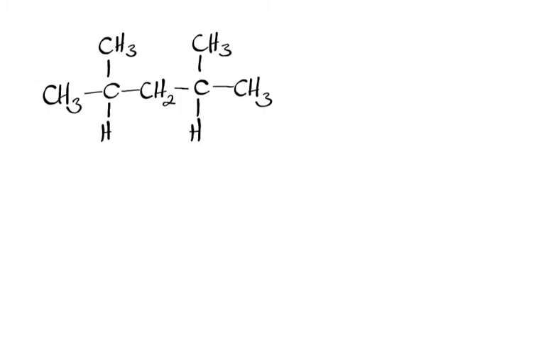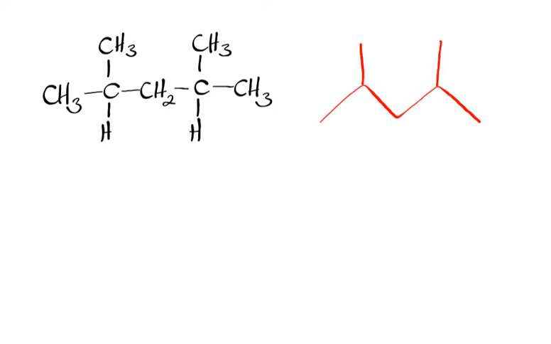In the next example, let's see if we can draw this skeletally. So we have the 5 carbons across the middle, and then 2 methyl groups, so our skeletal should look like that. Let's see if we can name this.